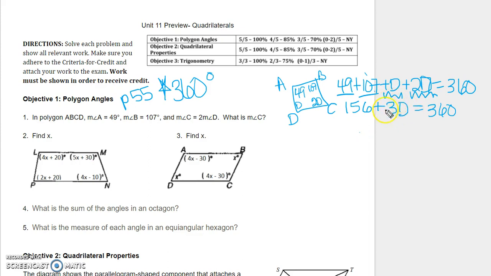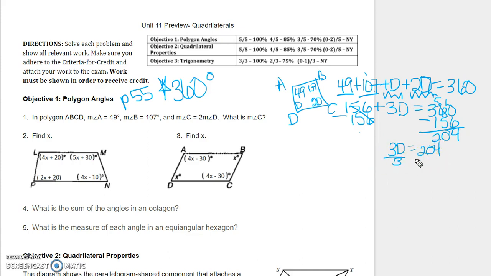So from algebra, I need to isolate the D variable. I'm going to get rid of 156 by subtracting, the opposite operation. When I subtract, I have to borrow from 6. That goes to 5. I've got 4, 0, 2. So 3D is equal to 204.